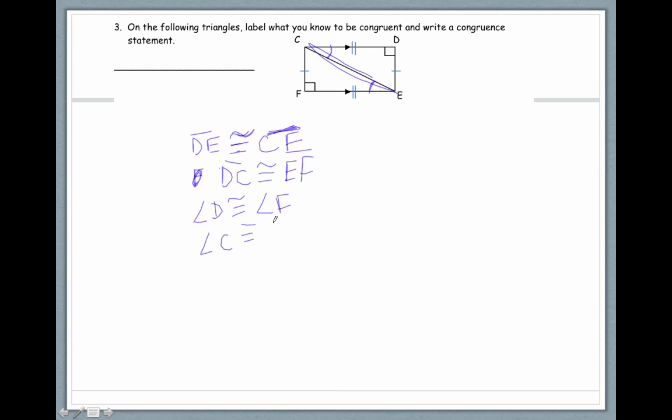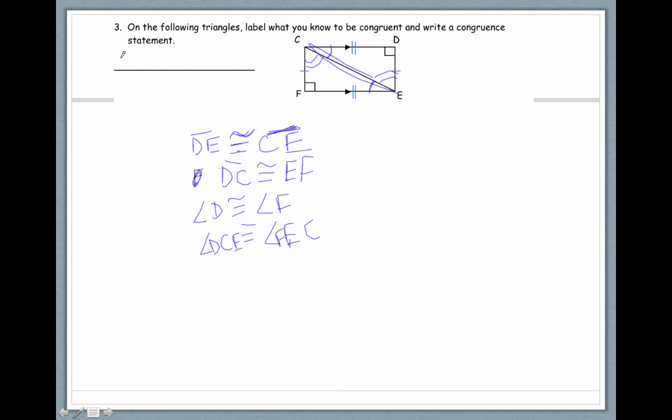Angle C congruent to angle E. Oh, sorry, I should be more specific there. DCE congruent to angle FEC. And then that would yield these being congruent also.